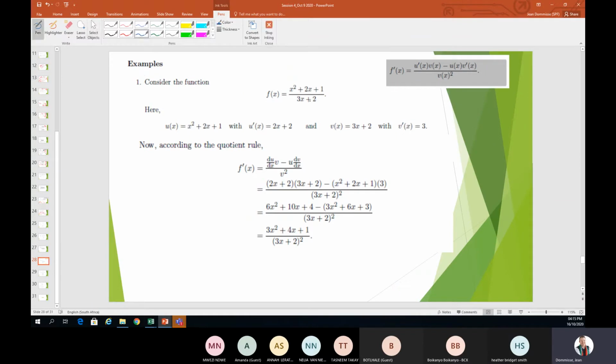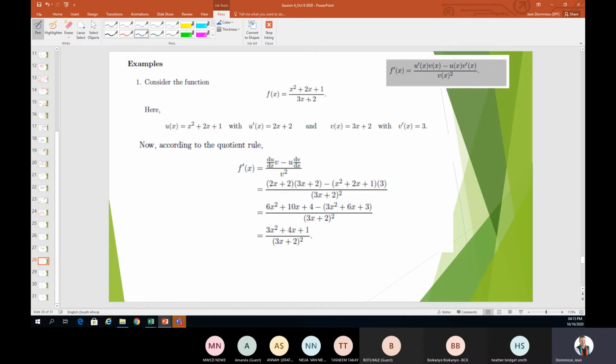Otherwise, it becomes very technical. So when you see that you're sitting with a term at the bottom that has more than one term, then we need to work with the quotient rule.